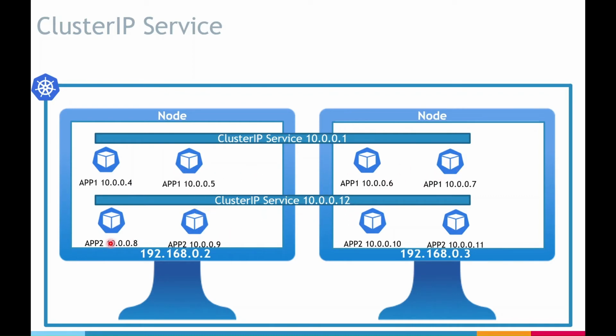Similarly, in the second example, app 2 is scaled across 2 nodes with 4 replicas, and it also has a cluster IP of 10.0.0.12.